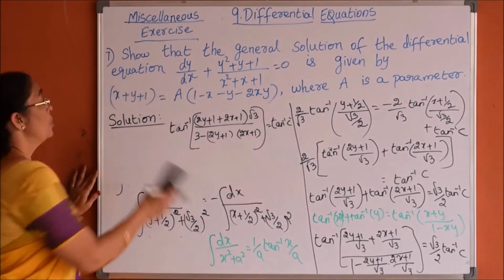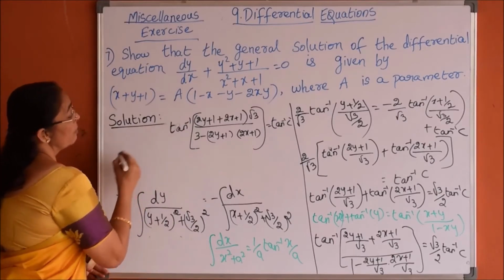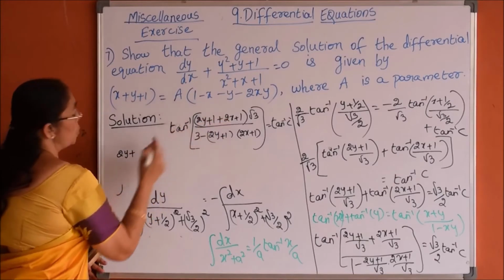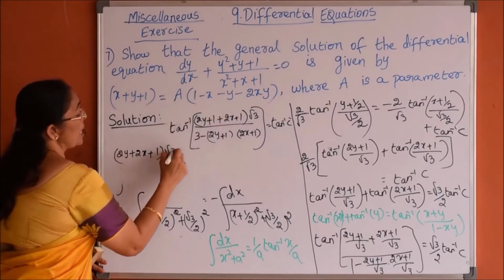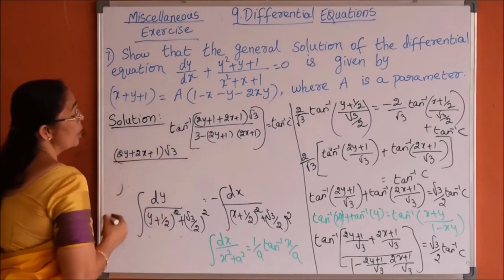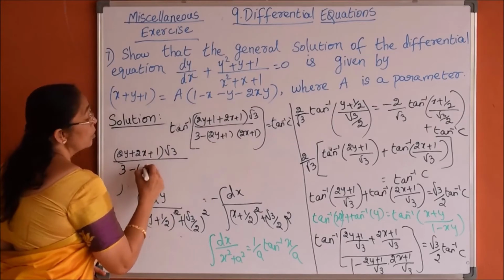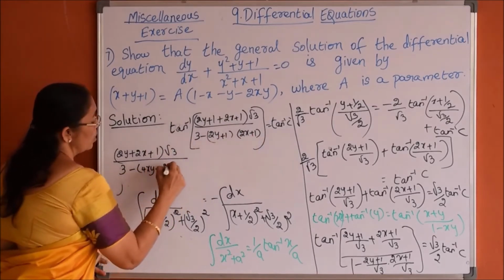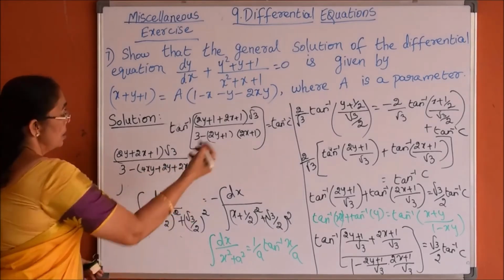Now, on both the sides the tan inverse function will get cancelled. We will get 2y plus 2x plus 1 times root 3 divided by the denominator, 3 minus 4xy minus 2y minus 2x minus 1, is equal to some constant.